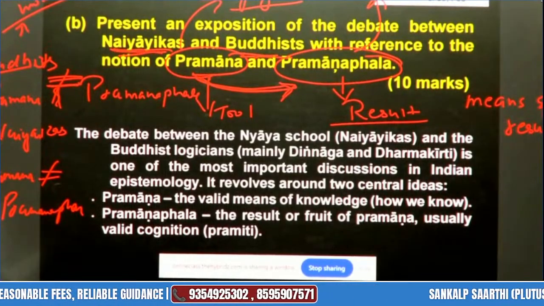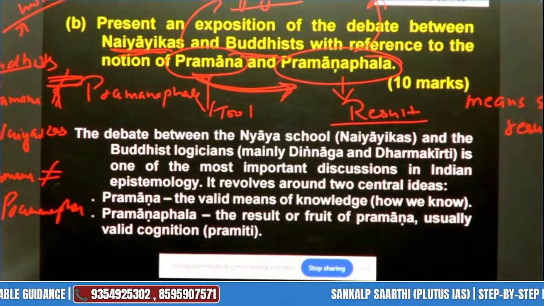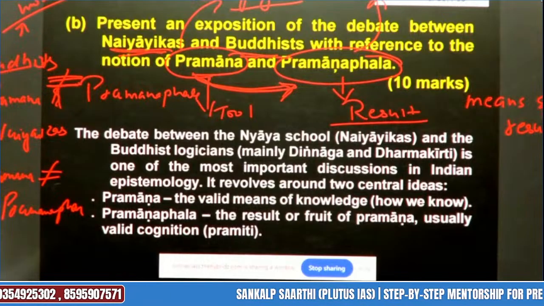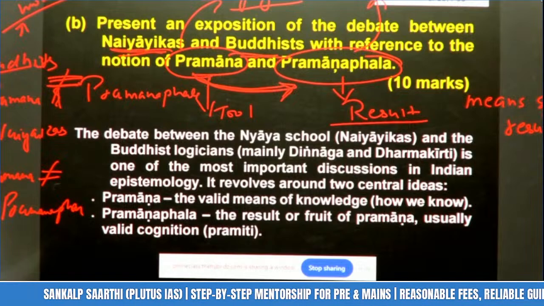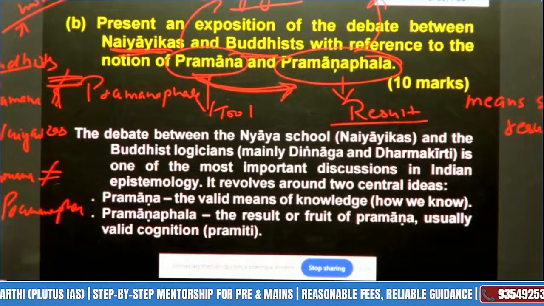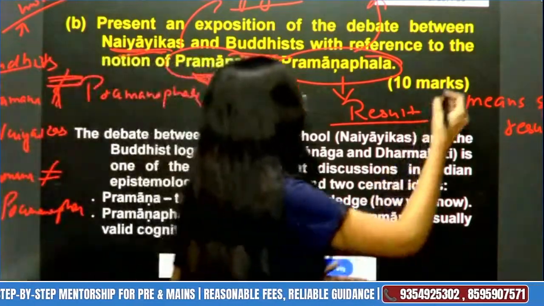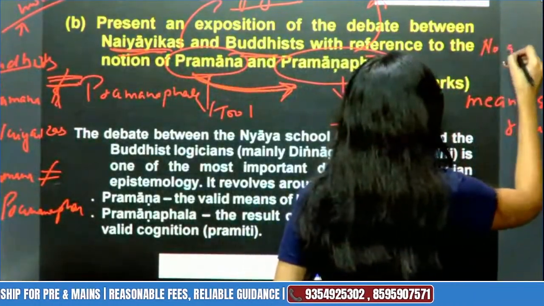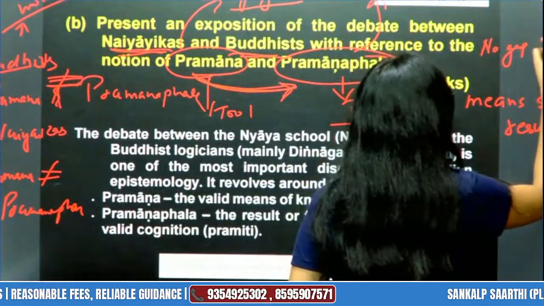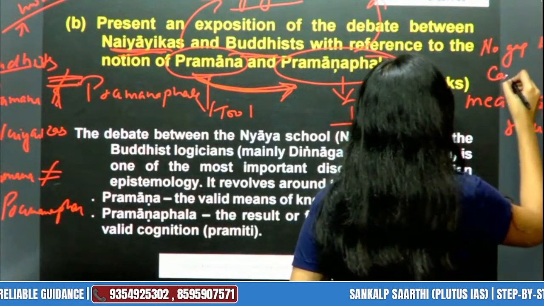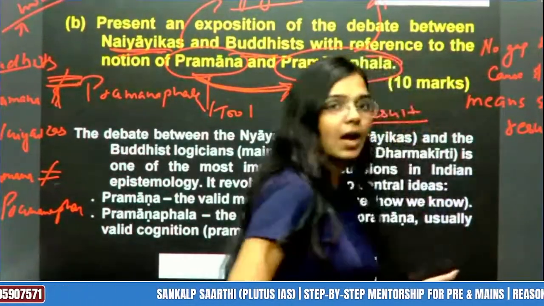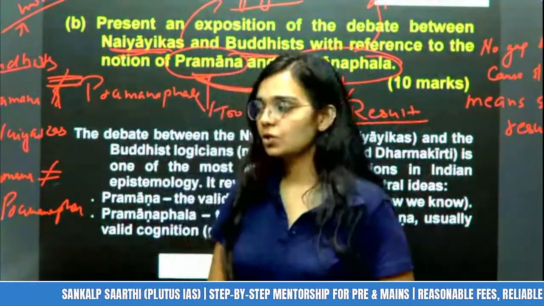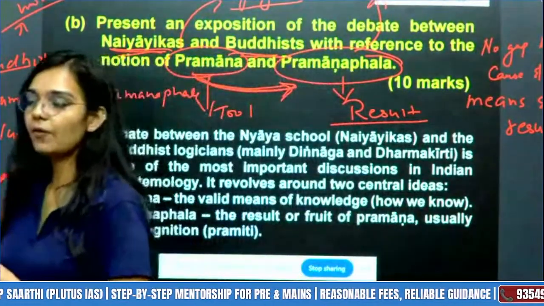So according to Buddhist, pramana equals pramanphala. The knowing act itself is both the means and the result, right? Because everything is momentary. So there is no gap between cause and effect. Understood?